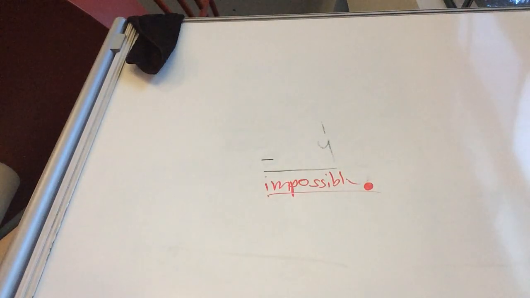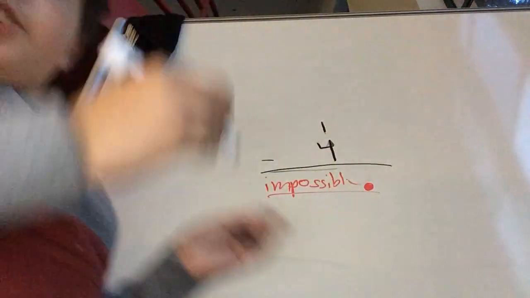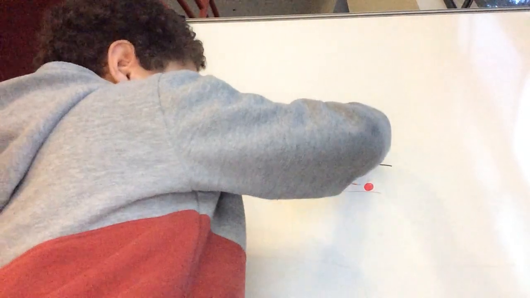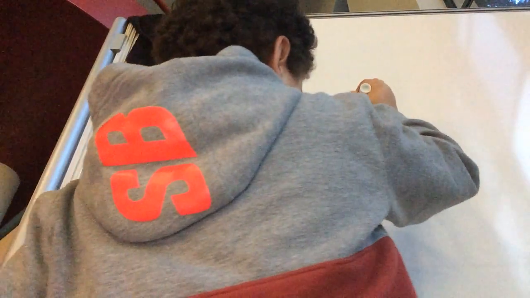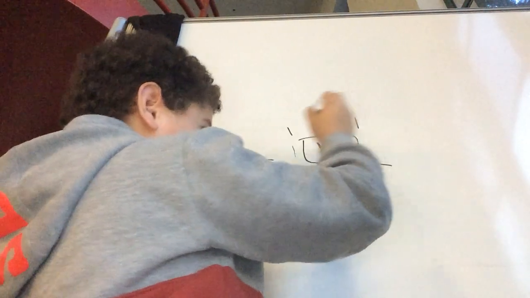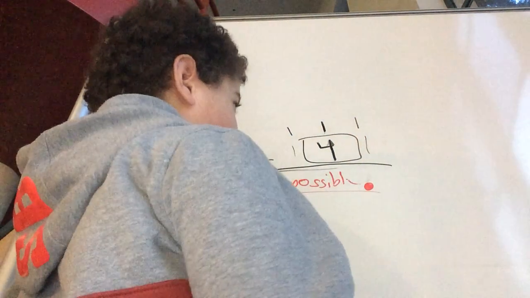So, if a child does this on a problem, like a fill in the blank, and there's numbers over here, and they don't go over here, say it's like this.